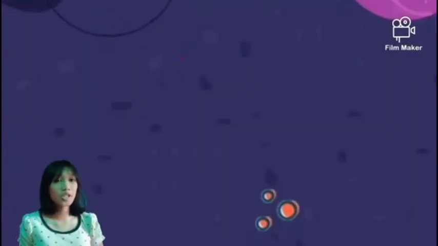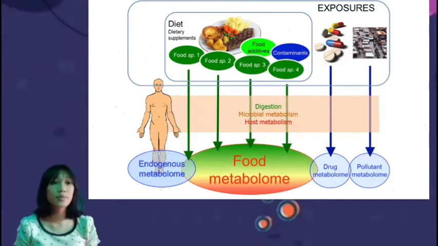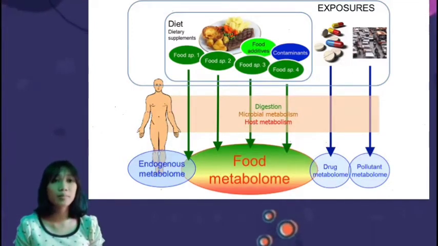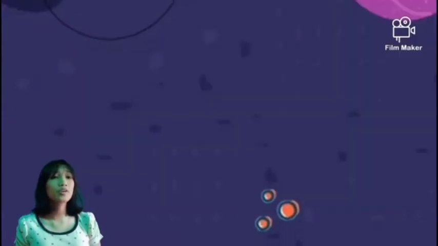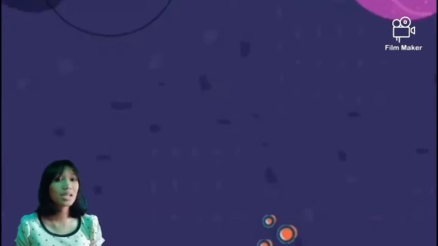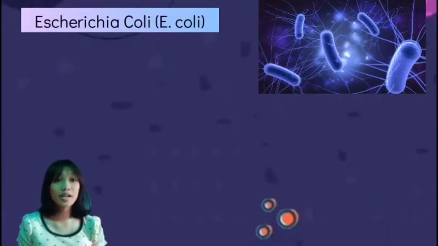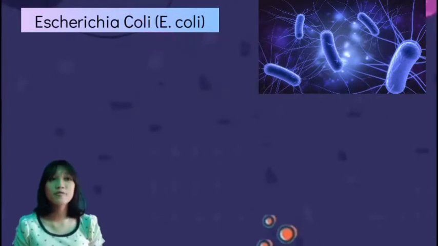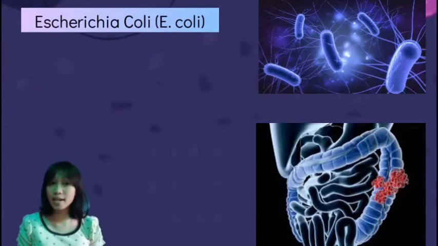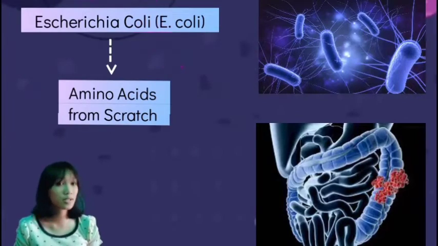Animals and humans obtain many important metabolites from their food and have a fairly lazy synthetic metabolism, while many other organisms, even simple ones such as E. coli, or Escherichia coli, which are bacteria found in the environment, foods, and intestines of people and animals, can make all their amino acids from scratch.